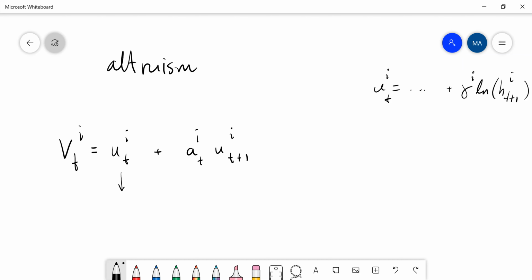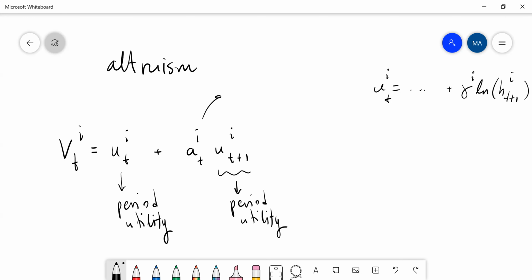So first, this is the period utility. Okay, so I obtain as an agent, as a parent, I obtain this period utility when I am alive. And then this is my kid's period utility, right? And this is the altruism factor, altruism parameter.